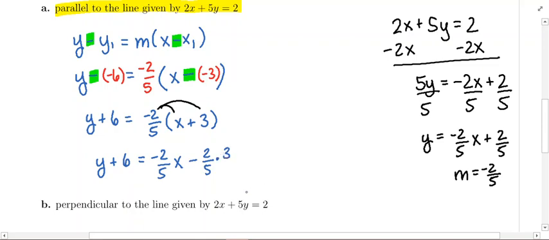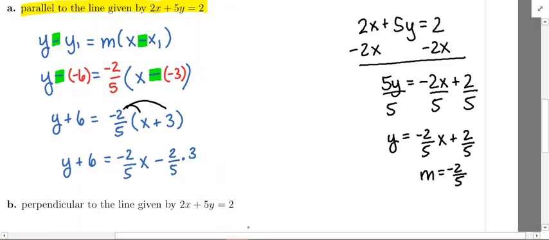If we calculate that, we'll put the 3 over 1, and then you can multiply across the top and across the bottom. So we're going to get y plus 6 is equal to negative 2/5 x. If we multiply these fractions, we're going to get minus 6/5. All right, we almost have y by itself.